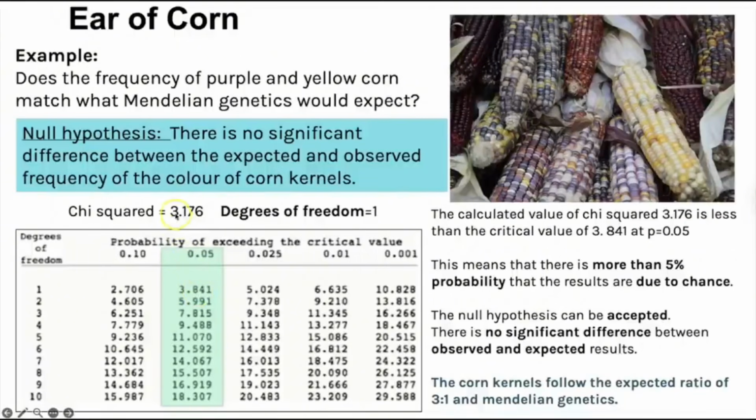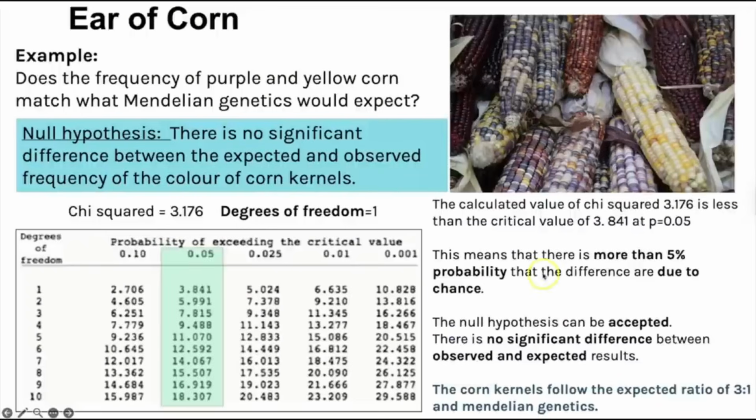You've got to see, does your chi-squared value meet or exceed that critical value threshold? And it has to meet or exceed it to be able to say there is a significant difference. So ours doesn't. Our chi-squared value is lower than the critical value. And there'd be a mark for stating that, which I've put here. So what that means is there is more than 5% probability that the difference is due to chance, not R, I should say is.